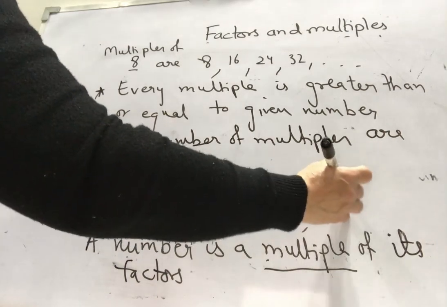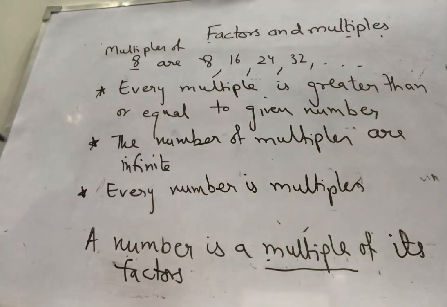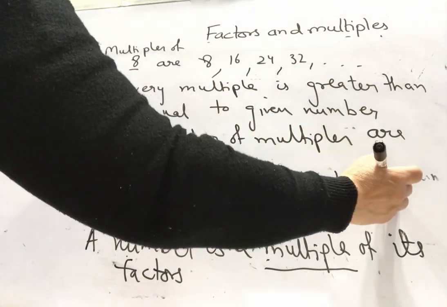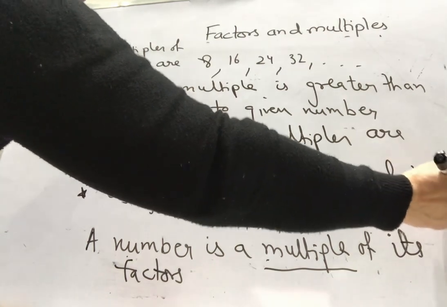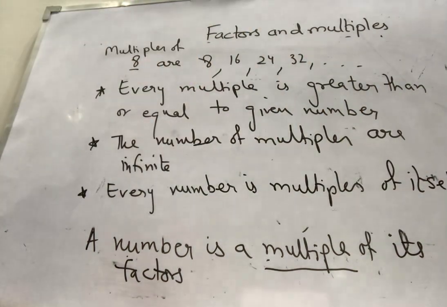When you start writing the multiples, you start with the given number, the multiple of itself. So if they ask for 8, we start with that number and write the multiples.